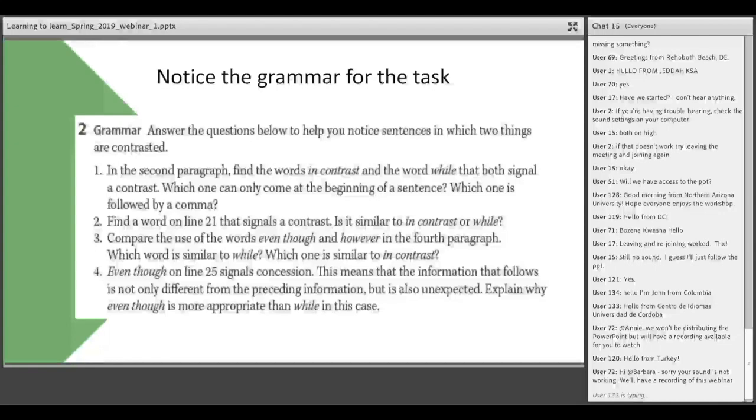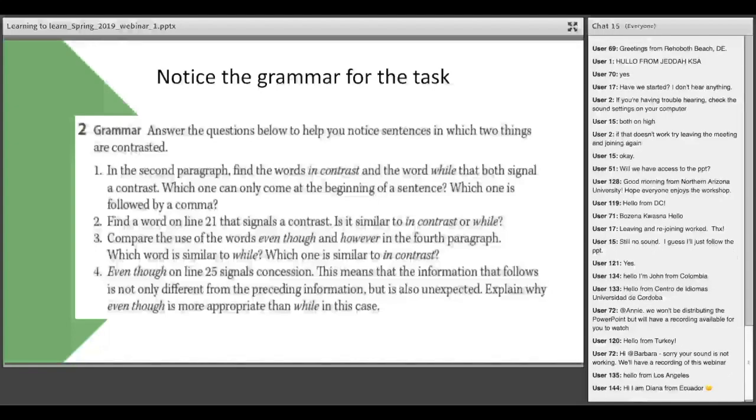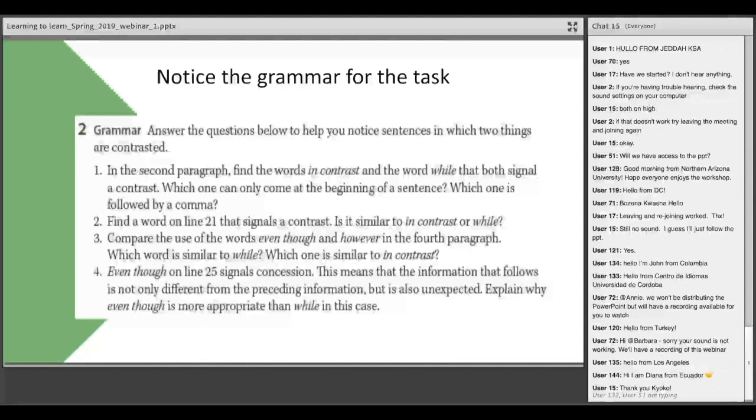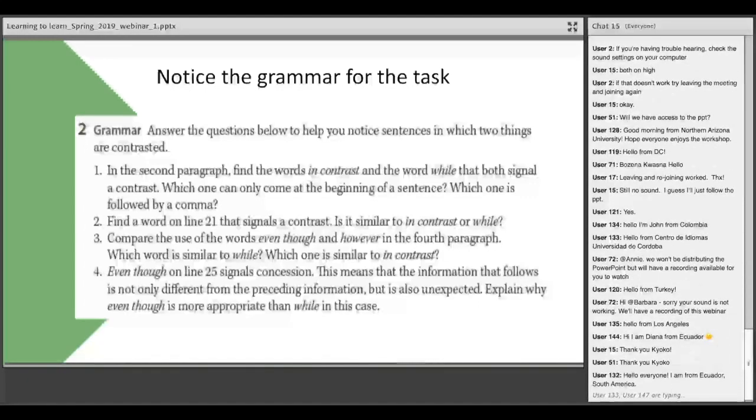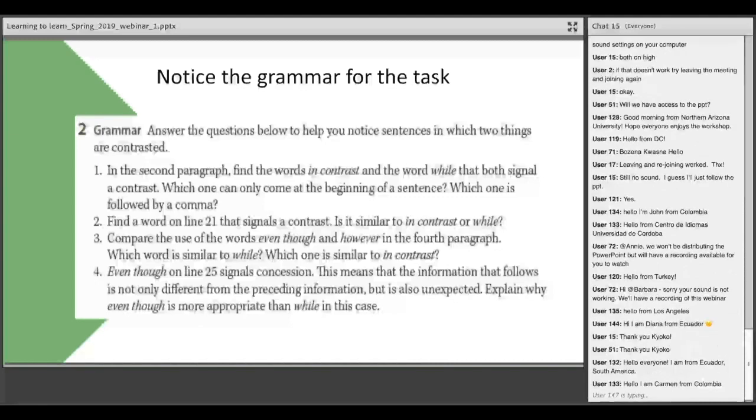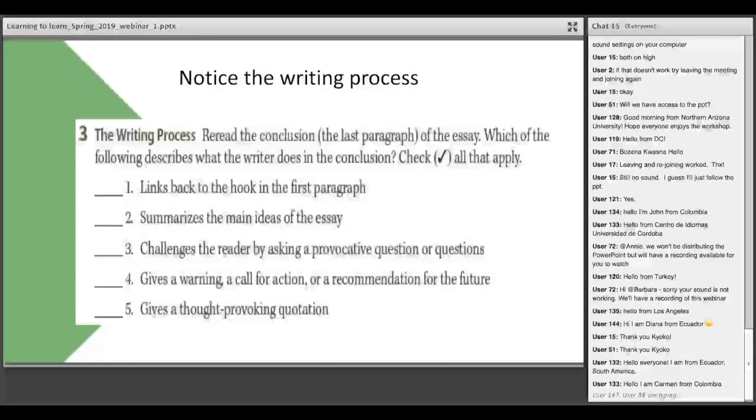And so by having students look at these individual markers of contrast and talk about how they're different or how they're similar and how they can be used to express contrast, or how they automatically signal certain types of punctuation, this can all be very helpful for our learners. And it's a way of raising awareness and noticing.